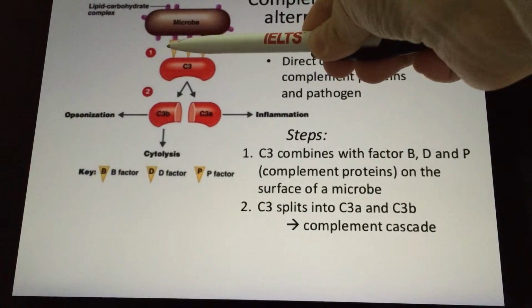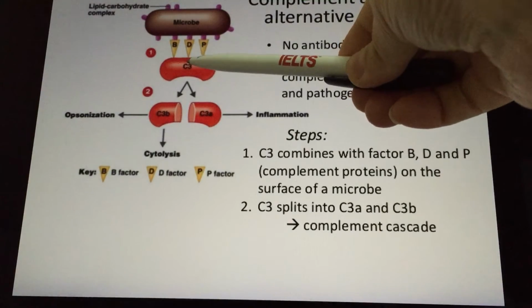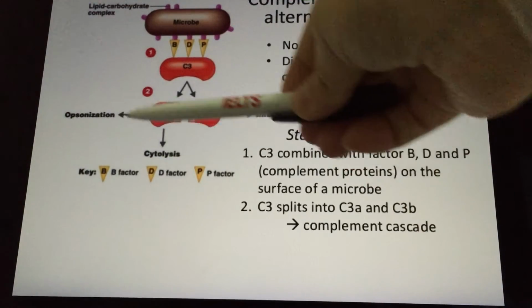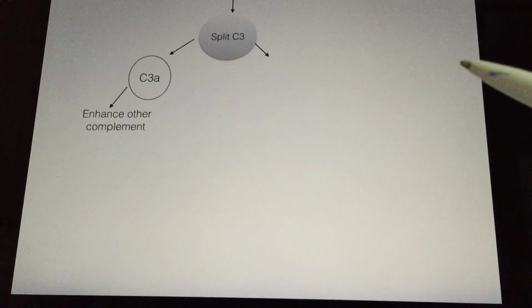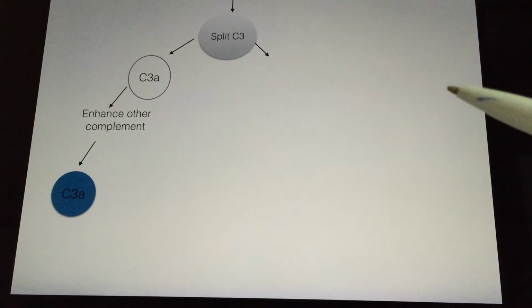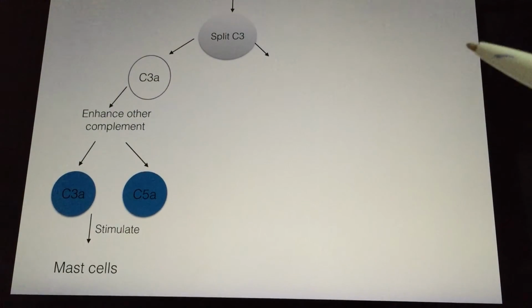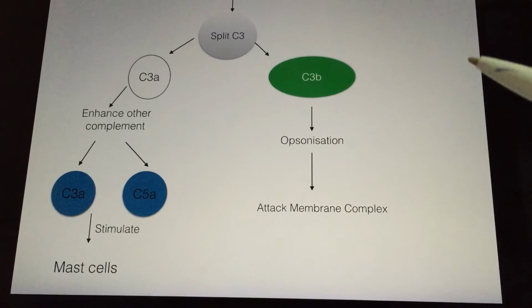It binds to the different factors B and D, and this splits C3 to C3a and C3b, which activates cytolysis and opsonization, and produces C3bBb, the C3 convertase, which splits C3 to C3a, which enhances other complement, and produces C3a and C5a, which stimulate mast cells, and C3b, which activates opsonization and produces the membrane attack complex.